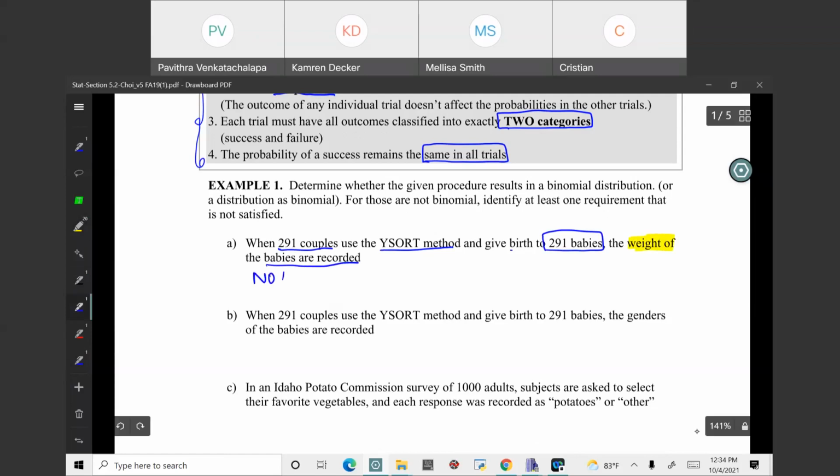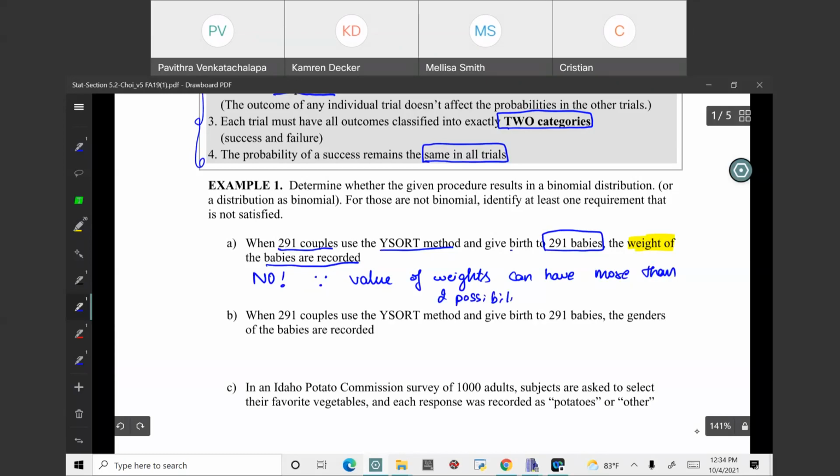No. Why? Because the value of weights can have more than 2 possibilities.